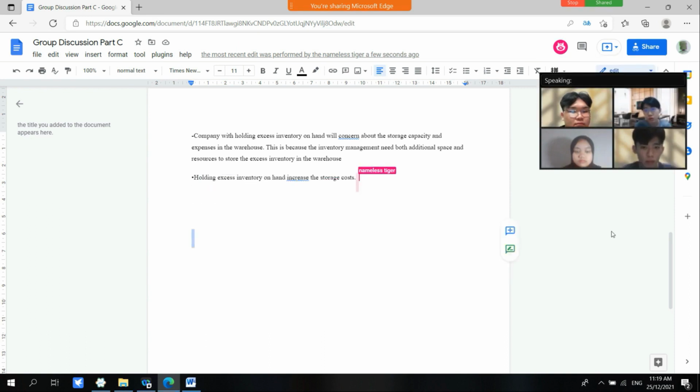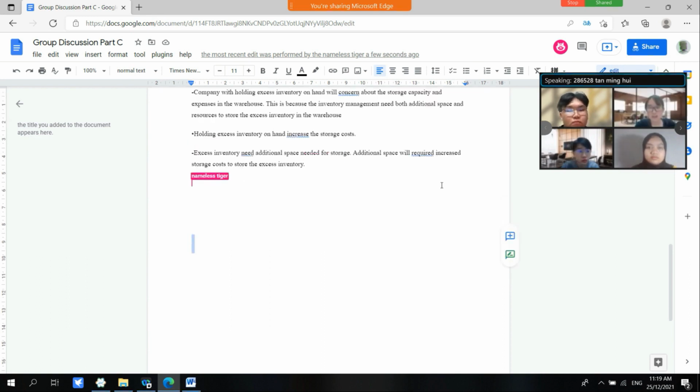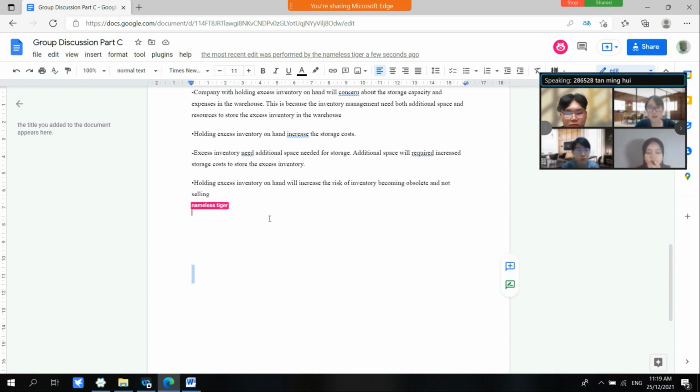The third shortcoming for option 1 is holding excess inventory on hand will increase the risk of inventory becoming obsolete and not selling. This is because the value and quality of the excess inventory will decrease the longer the company keeps it in stock.